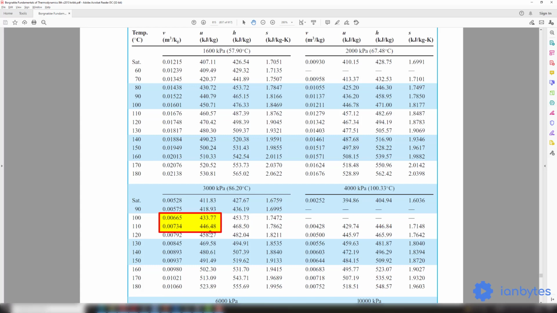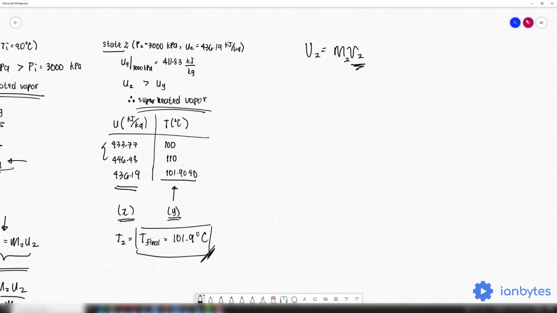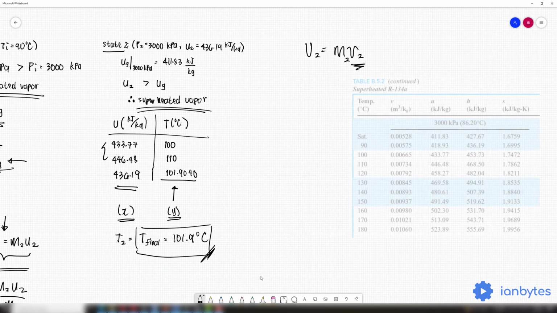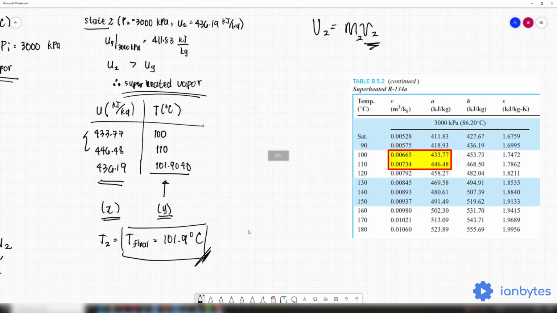And for 446.48, the corresponding specific volume is equal to 0.0734. We can actually add these values of specific volume in the table that we have constructed a while ago. So, isulat lang natin ang corresponding values ng specific volume na naka-express in terms of cubic meters per kilogram.